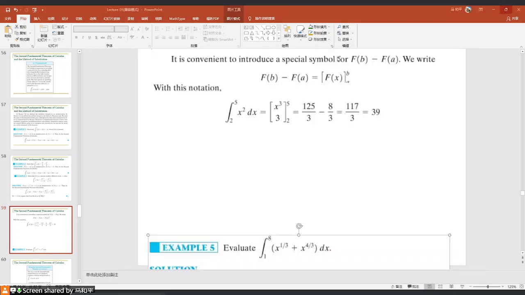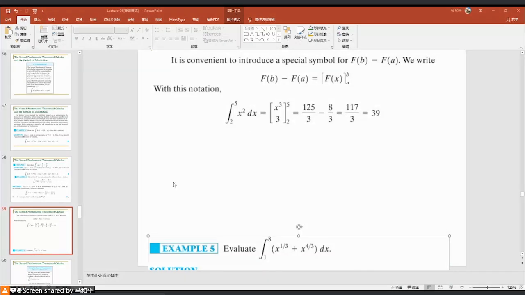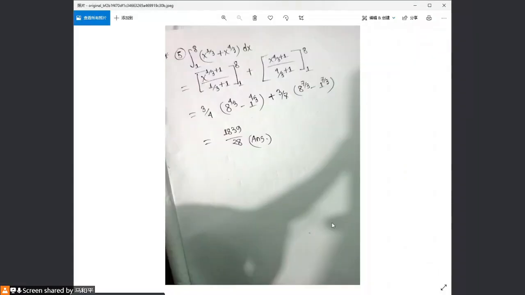Okay, let's see Fashimus. Let's say x over 3 plus x over 3. Here, for the definite integral we can find the antiderivative, x to the 1 over 3 plus 1, over 1 over 3 plus 1.